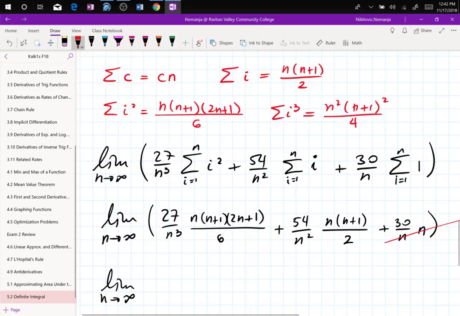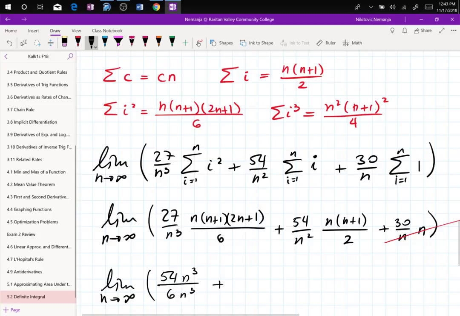The rest all go to 0. So technically 27 times 2 is 54 n cubed over 6n cubed. That's what you actually get. The rest is negligible, so we throw it away.